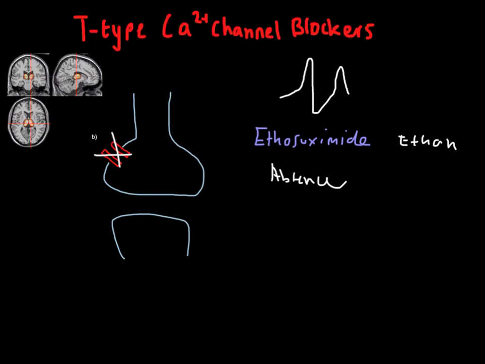Absence seizures can also be treated with valproate. As we've discussed earlier, valproate is a GABA transaminase inhibitor. And so I sort of think of it like both Ethan and Valerie are the sort of kids who wouldn't really pay attention in class.